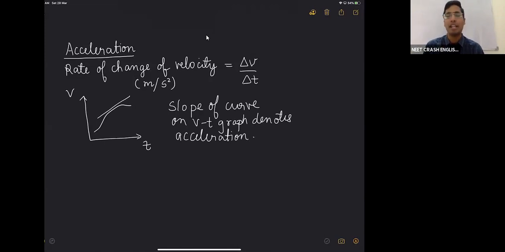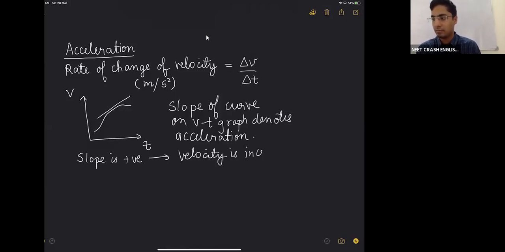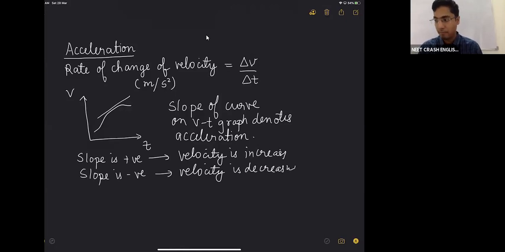Okay, so acceleration when the slope is positive, this means velocity is increasing. When the slope is negative, this means velocity is decreasing, which means it's retardation. So this is an example of retardation.